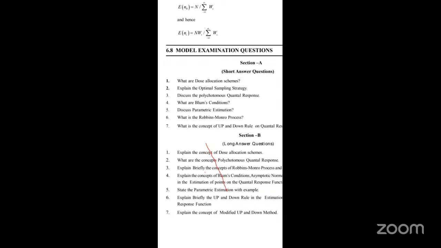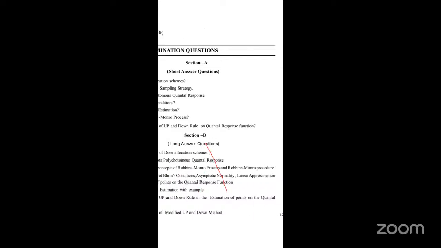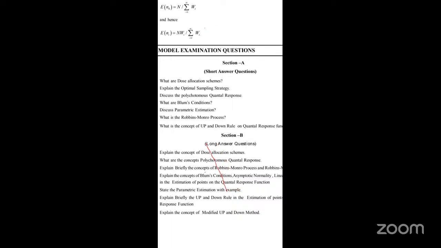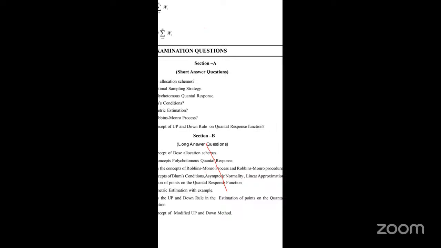Explain briefly the concept of the Robbins-Monro procedure. Explain the concept of Blum's conditions, asymptotic normality, and linear approximation in the estimation of points on the quantal response function. Explain briefly the up and down rule in the estimation of points on the quantal response function.